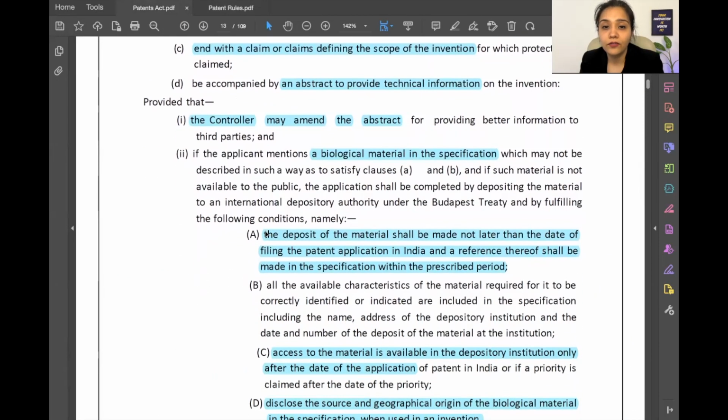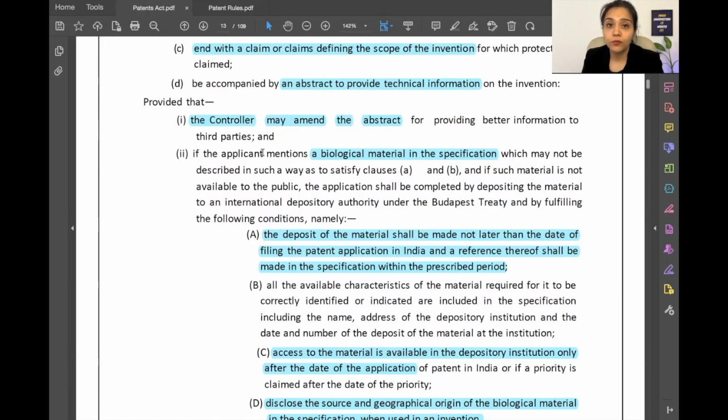So next we have provided that the controller may amend the abstract for providing better information to third parties. So here it is written better information to third parties. Why? Because when we study publication, we know that along with the publication, the abstract is published.